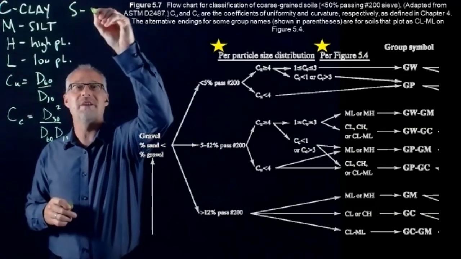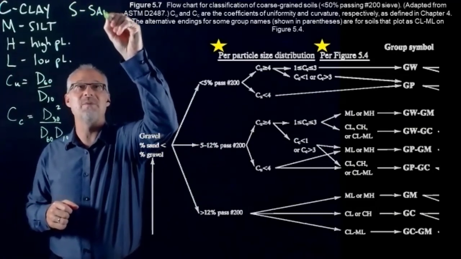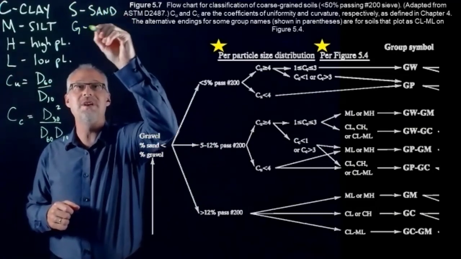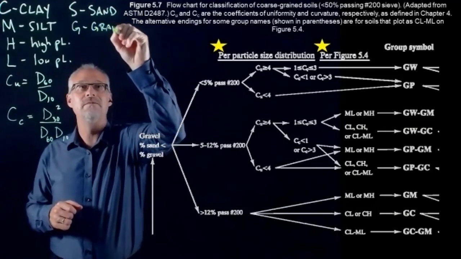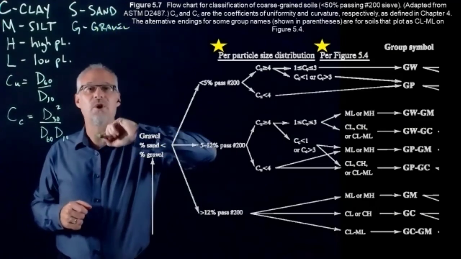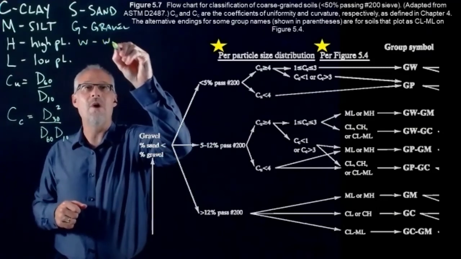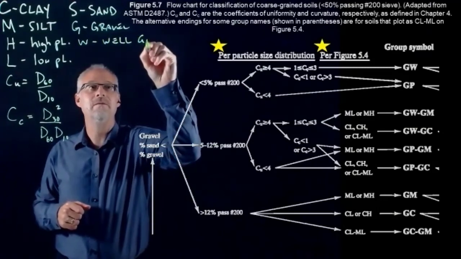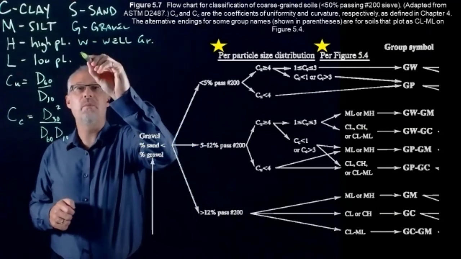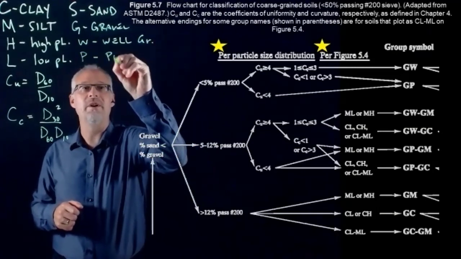There are a couple of other letters up here. I should define them. We're going to use S to mean sand. We're going to use G to mean gravel. We're going to use W to mean well graded, and P to mean poorly graded.